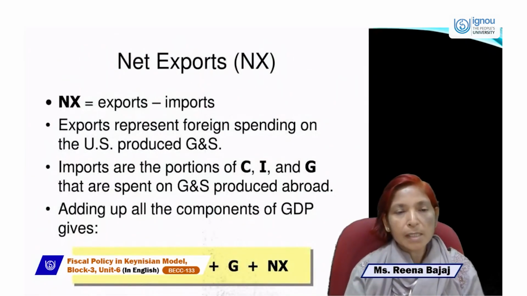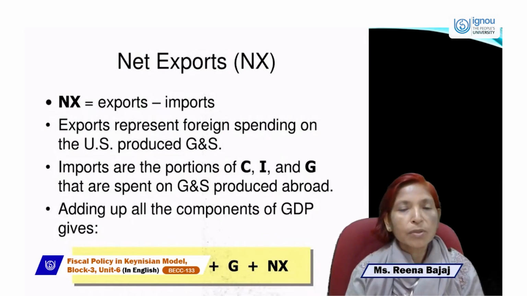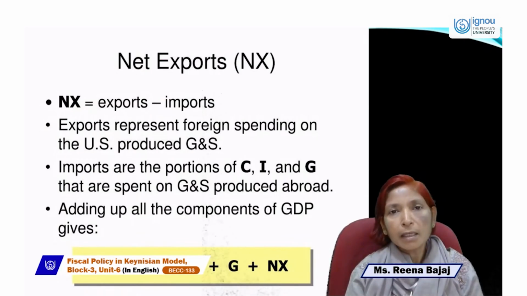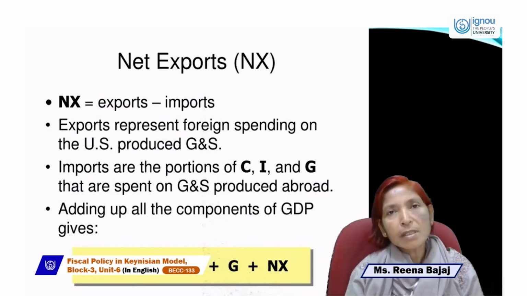Now next, net export is the difference between export and import. Exports represent foreign spending on the US produced goods and services or any other country's produced goods and services. Imports are the portions of C, I, and G that are spent on goods and services produced abroad.